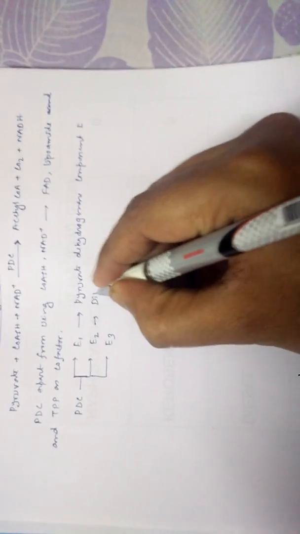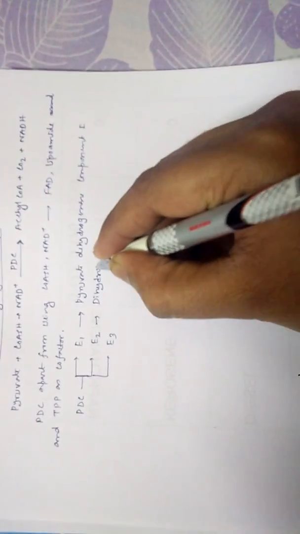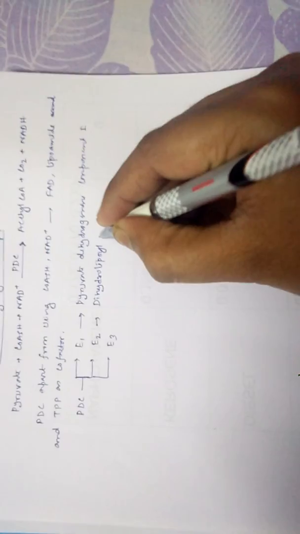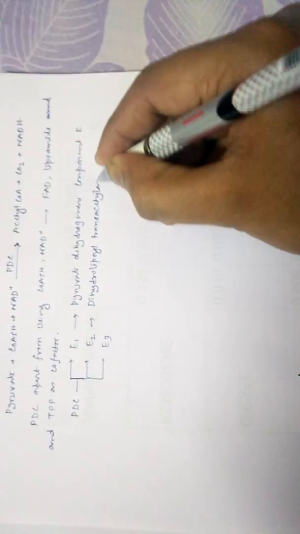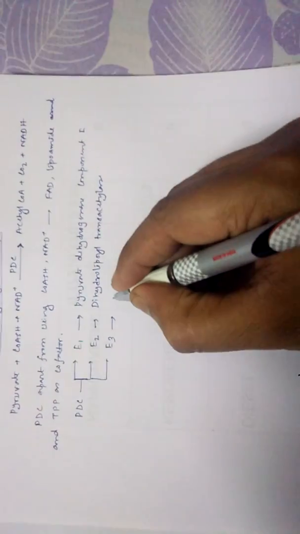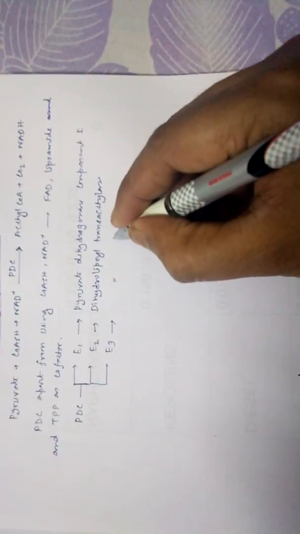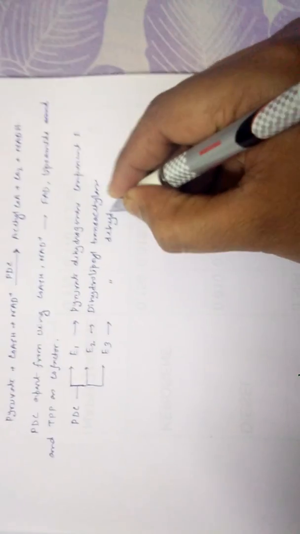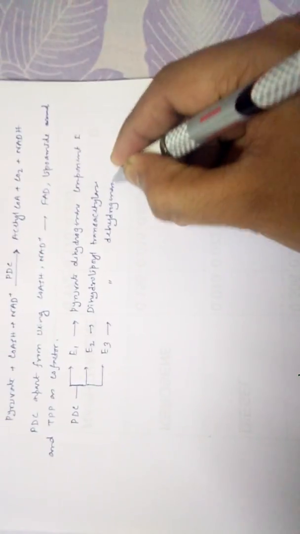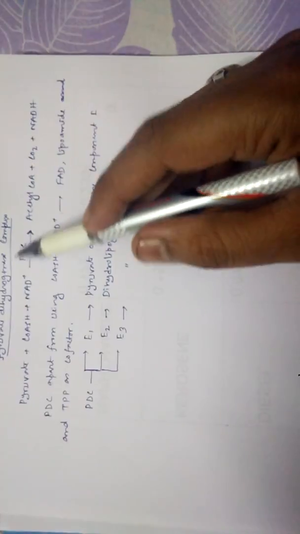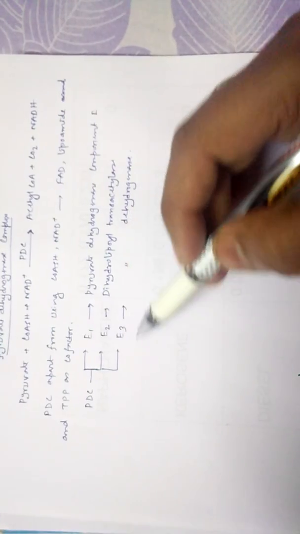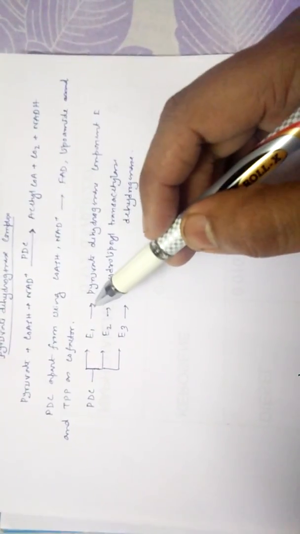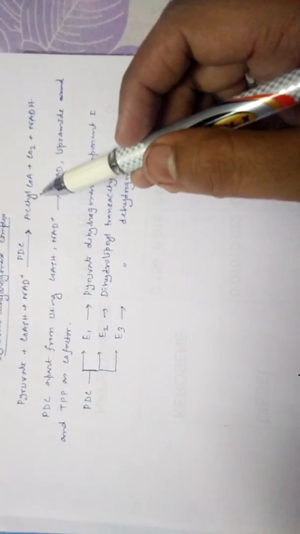E2 is dihydrolipoyl transacetylase, and E3 is dihydrolipoyl dehydrogenase. So if pyruvate is getting converted to acetyl-CoA with the help of PDC, how could these enzymes together work so that this reaction can happen?